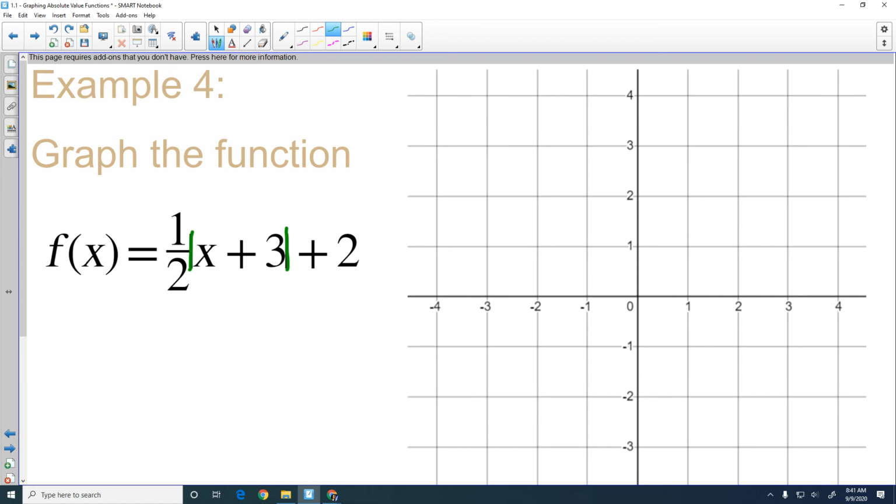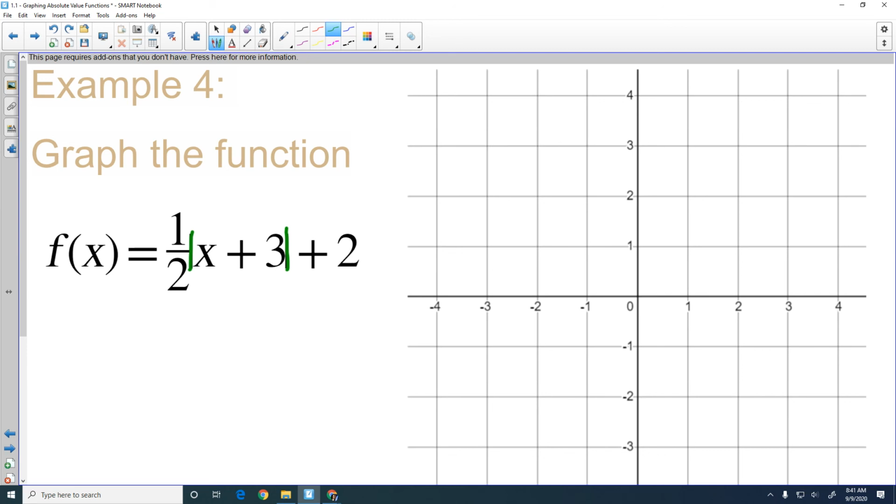So your job right now is to try to graph this. I want you to sketch a graph of this exact absolute value function. Now, just like I've been doing in my examples, what I want you to do first, after you write the equation and sketch a coordinate plane, is list the transformations.